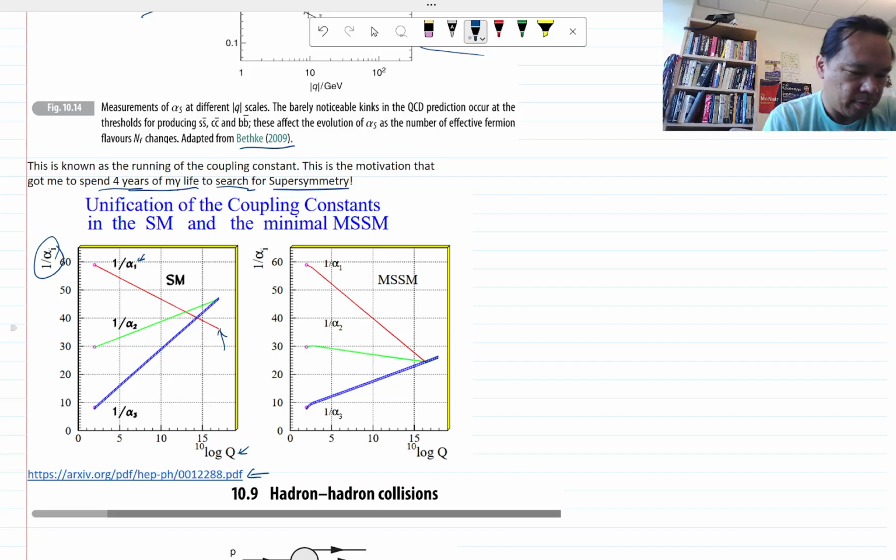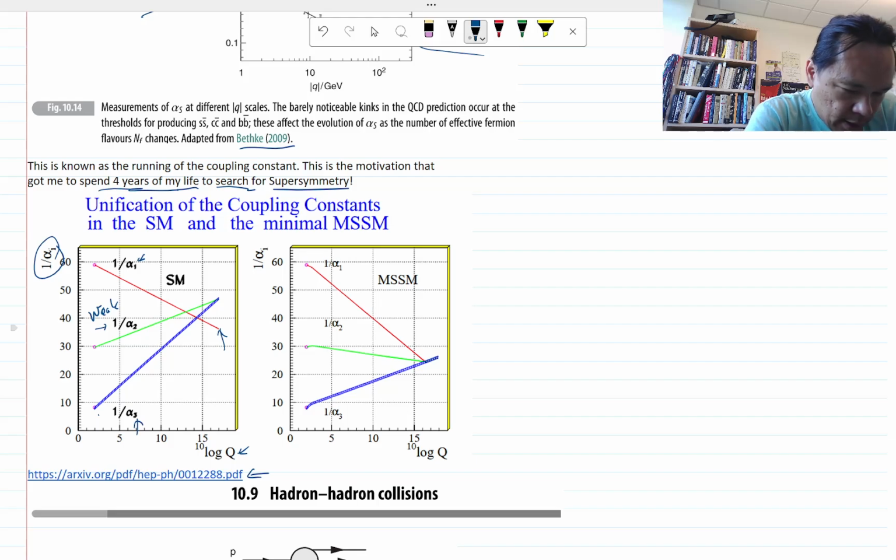Since the strong force, the one in blue, decreases as a function of Q, when we plot the reciprocal, it's going to go up as a function of Q. The weak force, alpha 2, is somewhere between the two. Hopefully that makes sense.